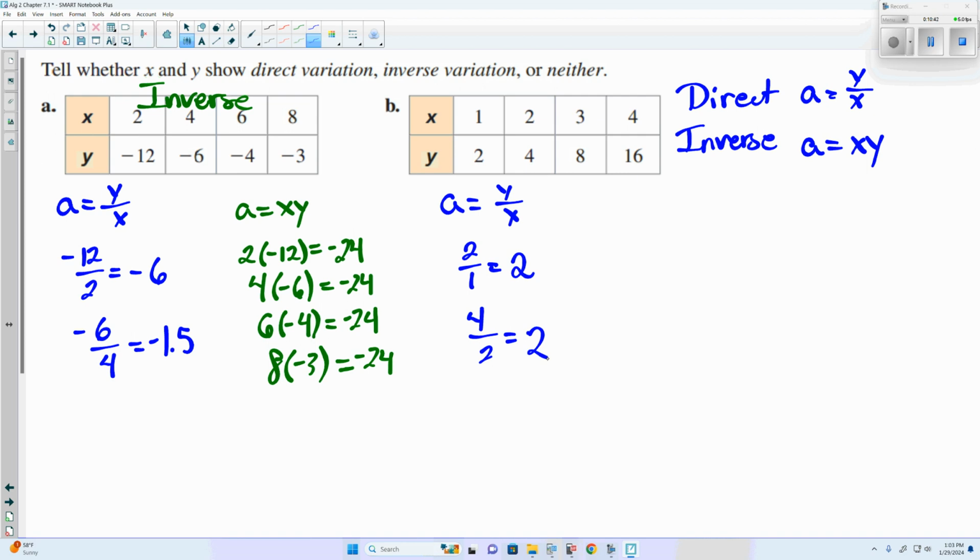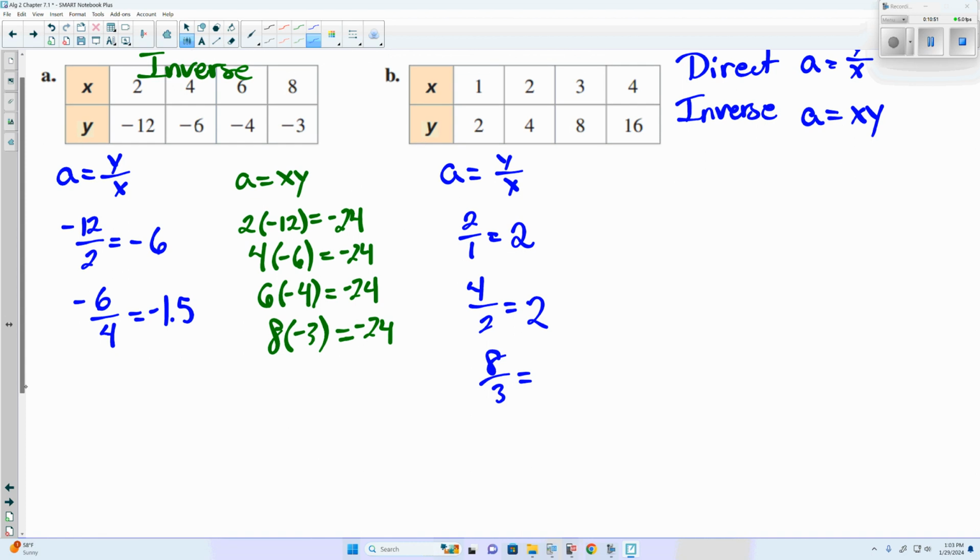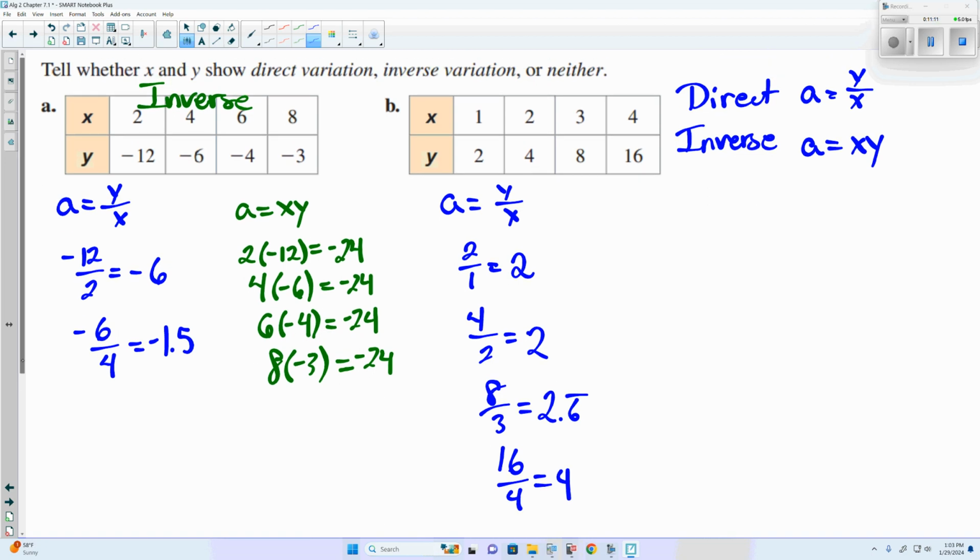So can we say this is direct? Well, let's do one more just to see. 8 over 3 is 2.6 repeating. We can go to the next one and say 16 divided by 4, which is 4. But we didn't have to do the last one, because as soon as we have one that's not the same, we're done with that one. Again, it has to be the same for every single one.